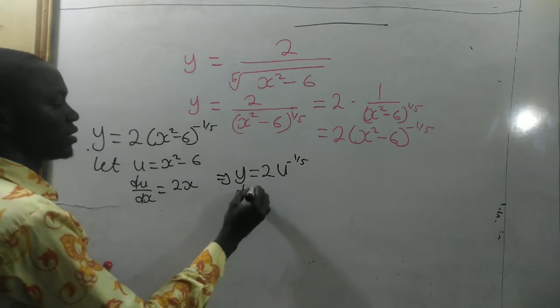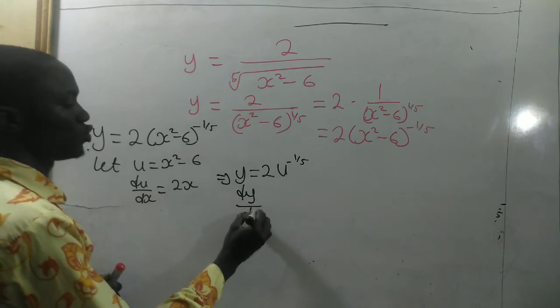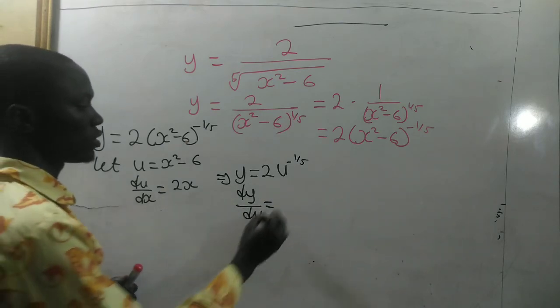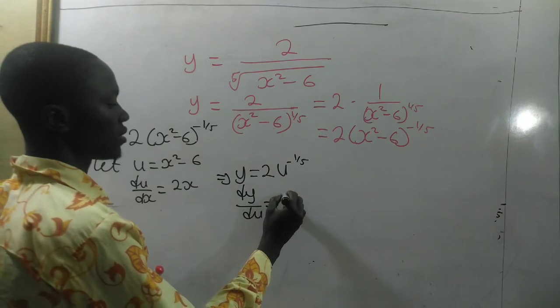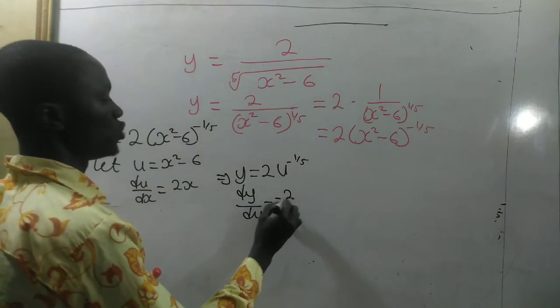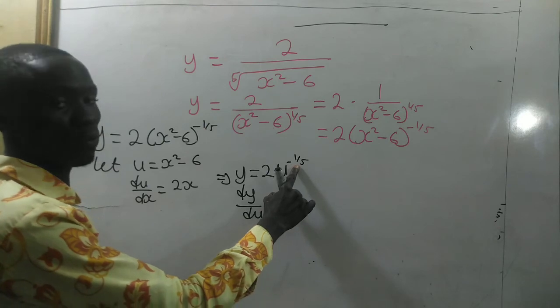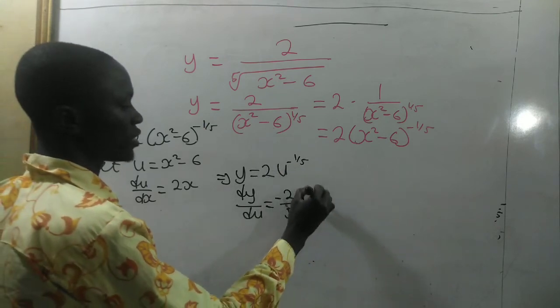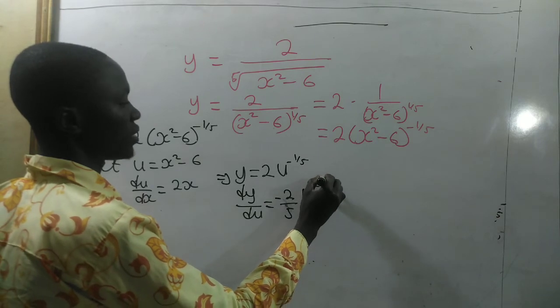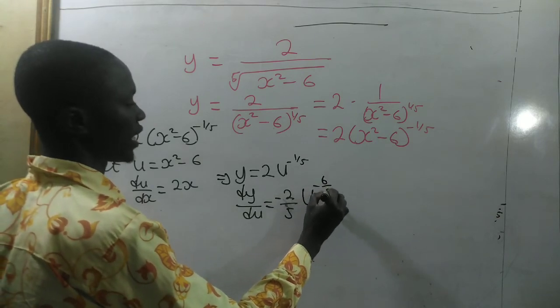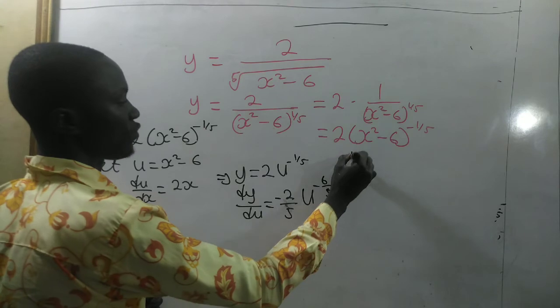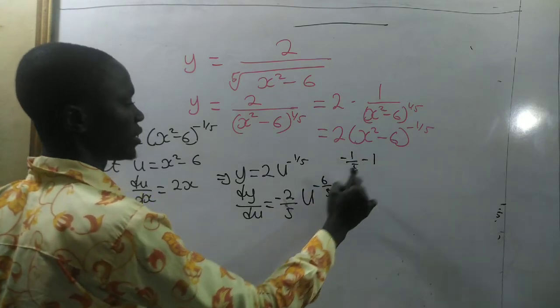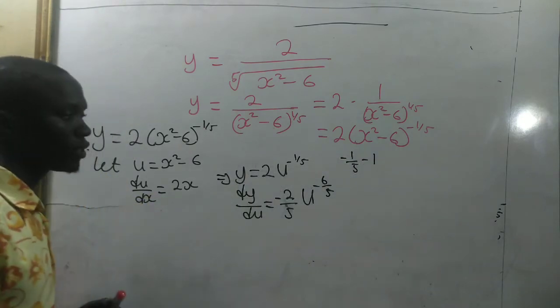And here, the derivative of y with respect to u is equal to minus 2 divided by 5. That is minus 1 out of 5 times 2. You have minus 2 divided by 5 times u to the power negative 6 on 5. That is negative 1 out of 5 minus 1 will give us minus 6 on 5.